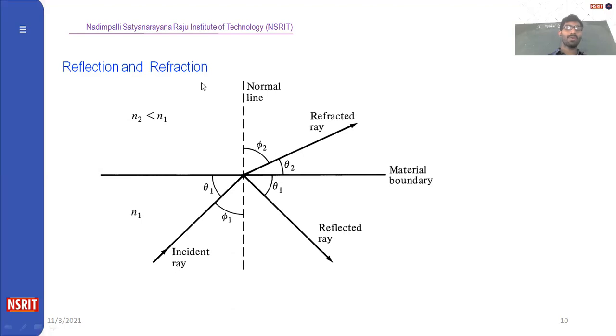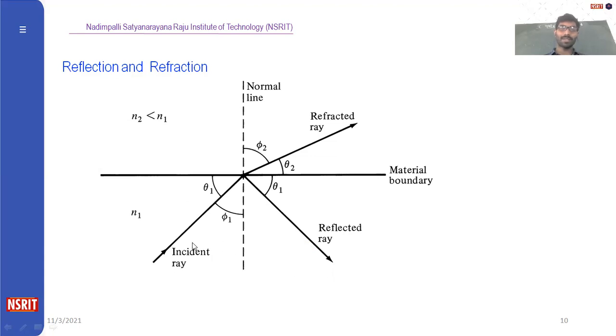Now here we are projecting the reflected ray and the refracted ray. This is your refracted ray, because here we are transmitting the ray from this medium, and it is bent away from the normal. Here you can observe that the reflected ray is bent towards the same medium.